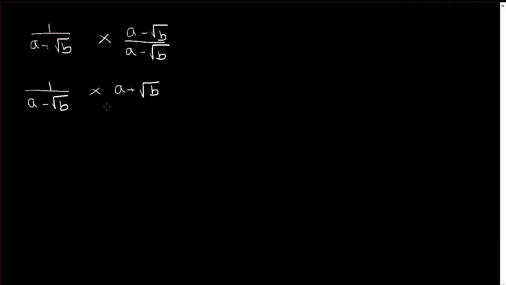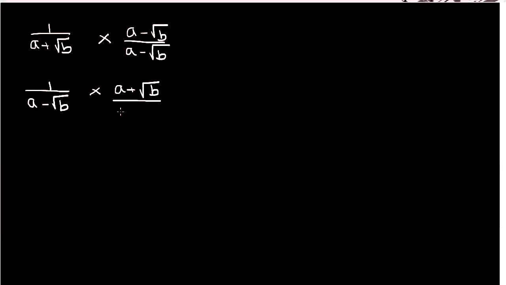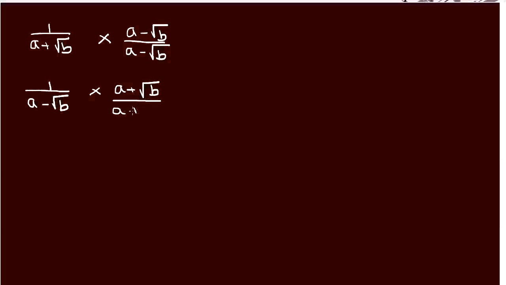So it's a plus root b over a plus root b. So that's the way to handle that type of surd calculation.